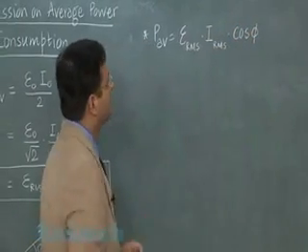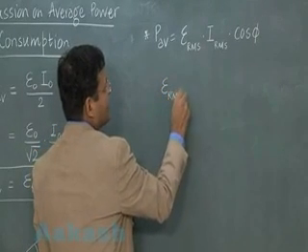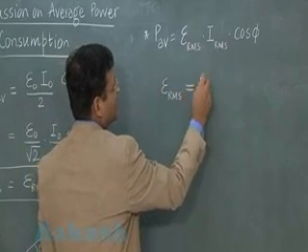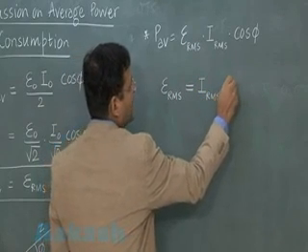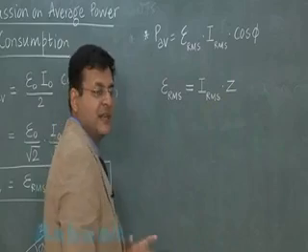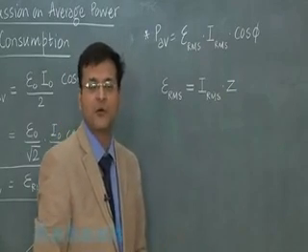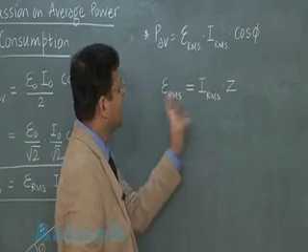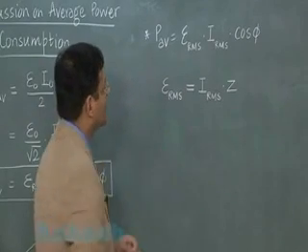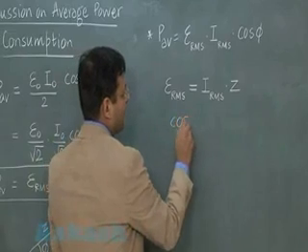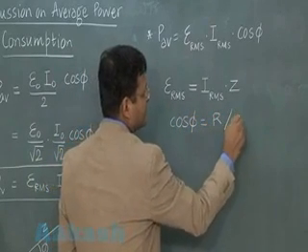Now the essential thing to learn here is that ERMS is also equal to IRMS into Z. अब हमारी सर्किट में मान लीजिए एक जनरल सिचुएशन है जिसमें R, L, C सारे ही इन्वॉल्व हो सकते हैं, तो ERMS will be written as IRMS into Z and this cos phi was written as R upon Z.